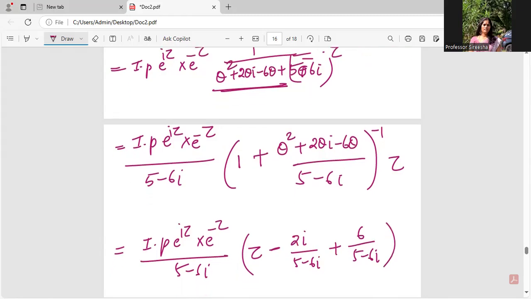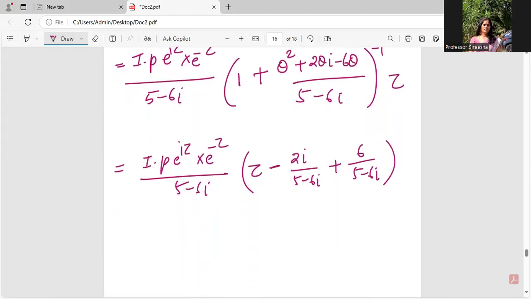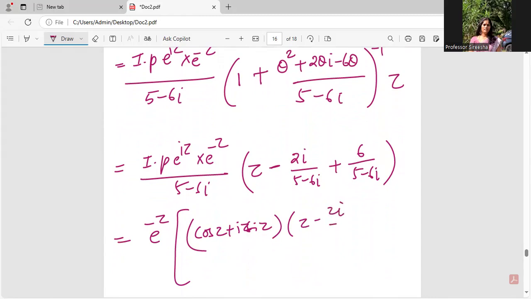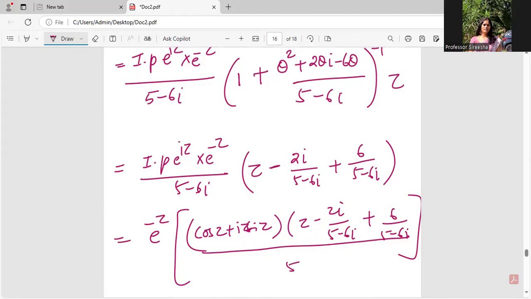Now my job is to take the imaginary part. e power minus z is as it is, it's there outside. cos z plus i sin z I'll be taking, and into z minus 2i by 5 minus 6i plus 6 by 5 minus 6i. Of course, in the denominator also there is this term, 5 minus 6i.